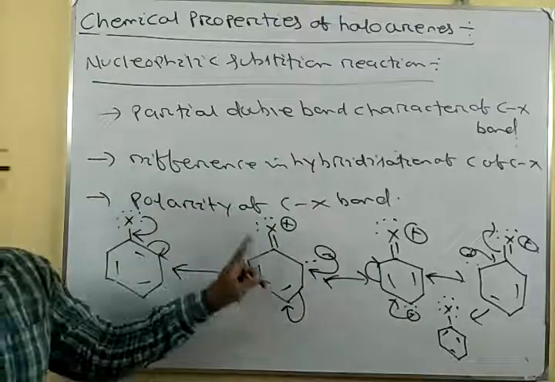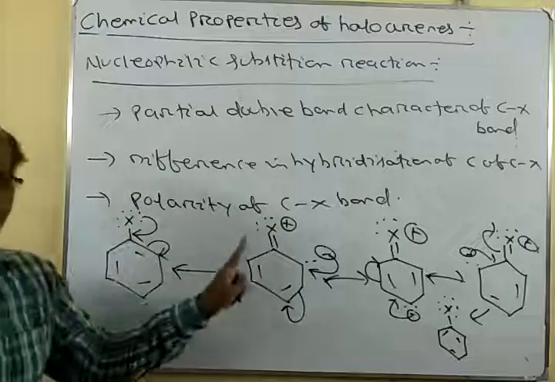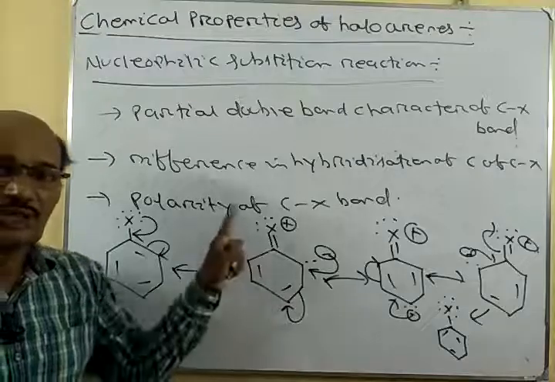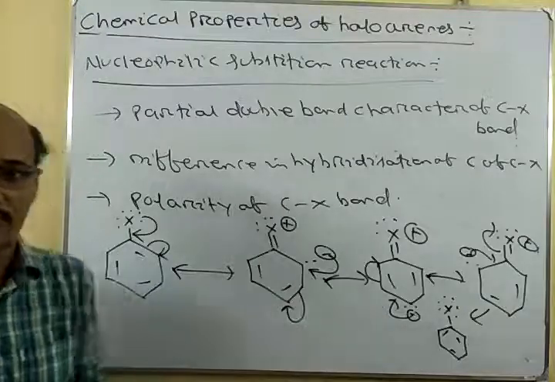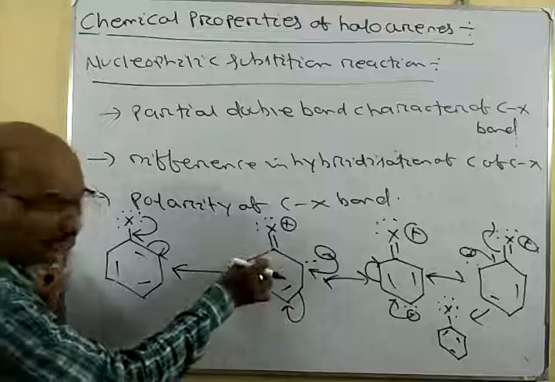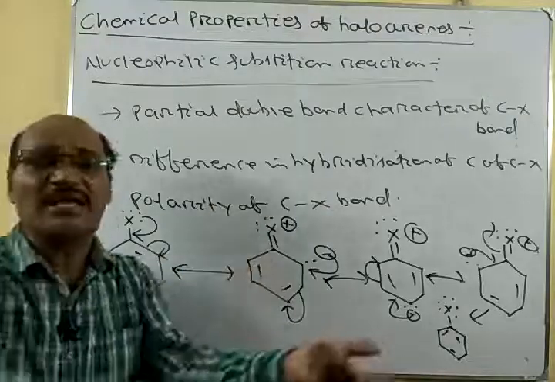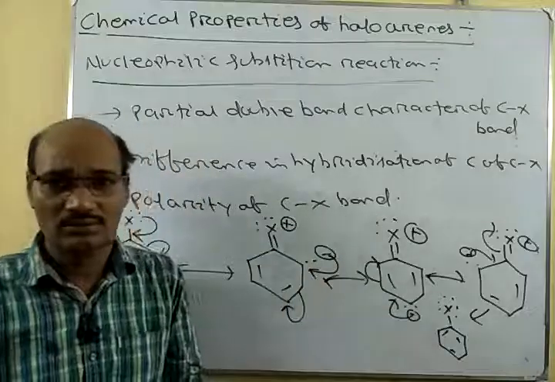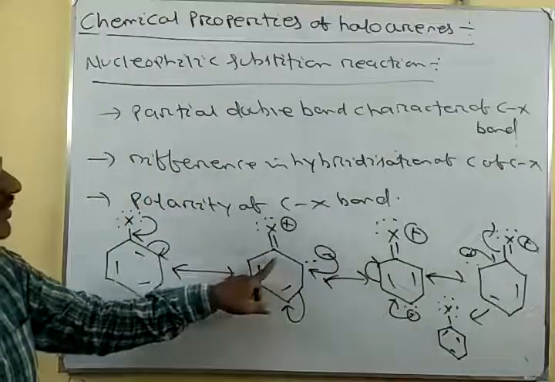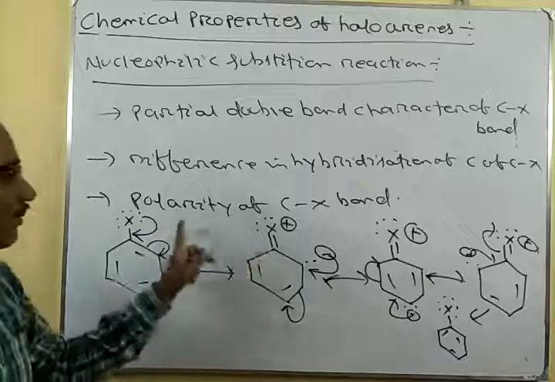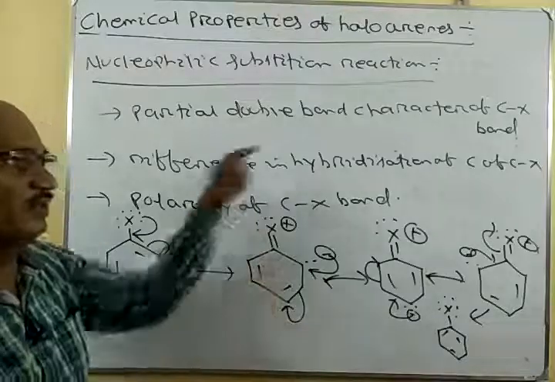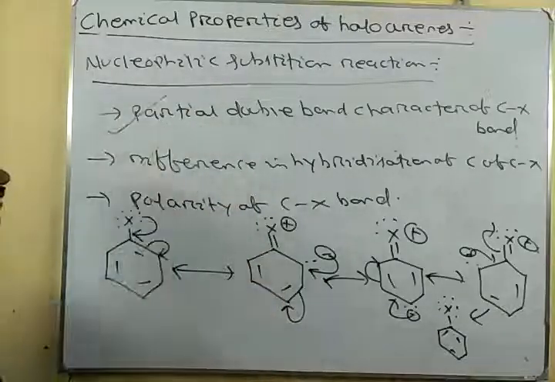So this is the reason why haloarenes are less reactive towards nucleophilic substitution reactions. Unless the C-X bond breaks, the halogen atom will not be replaced by another nucleophile. So the reactivity decreases due to partial double bond character development.